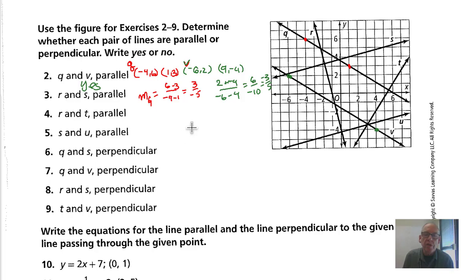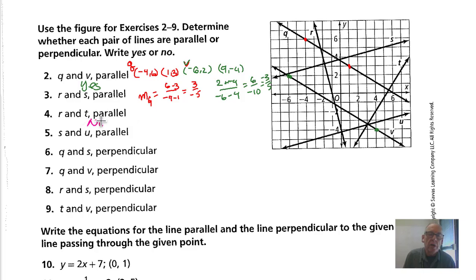Okay, I'll just do the evens on these, and I'll leave the odds for you guys to complete. Let's look at number 4, R and T. So here's T, and here's R. It's obvious that T and R are not parallel to each other, and they're not perpendicular to each other.